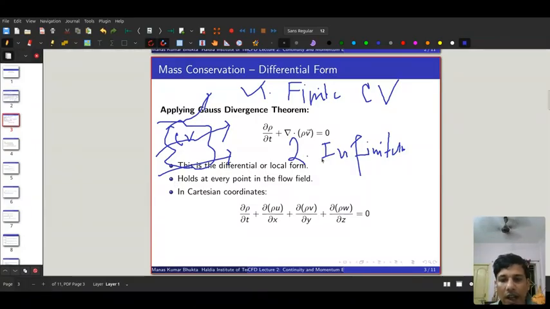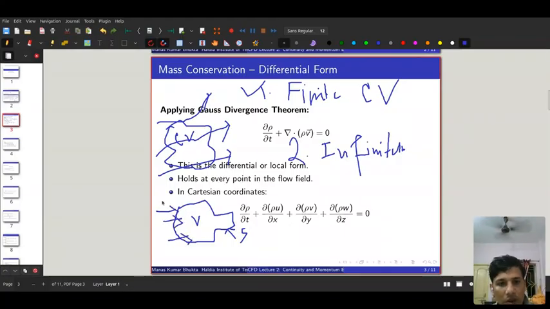The second case is again a control volume with volume V, surrounded by the surface S. This finite control volume moves with the fluid.